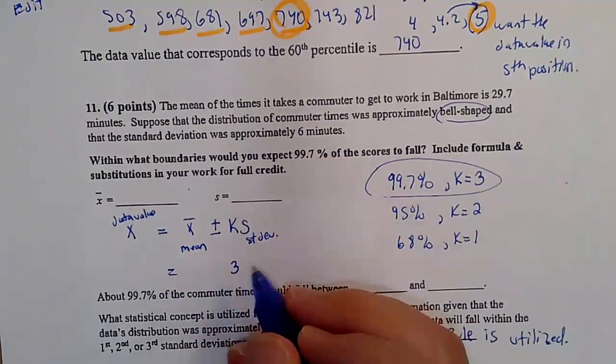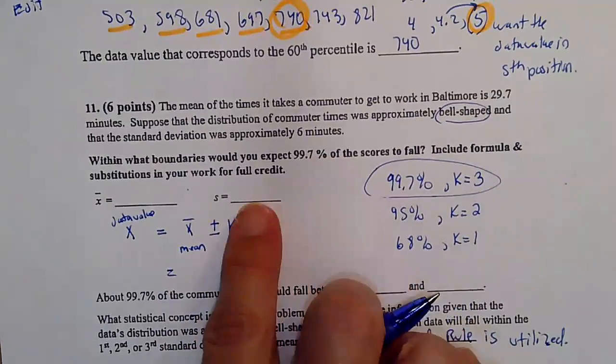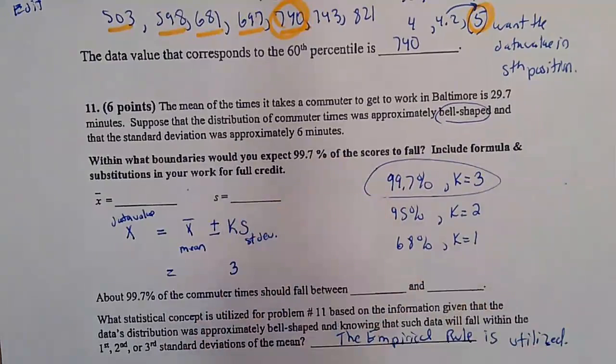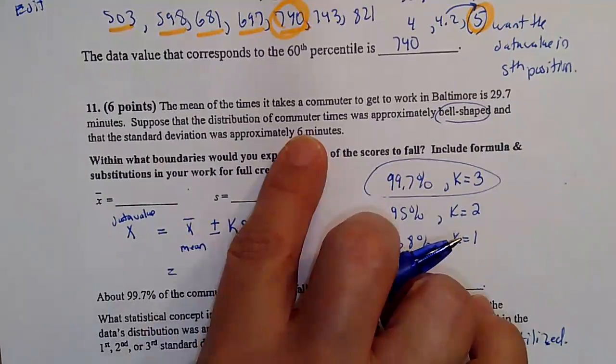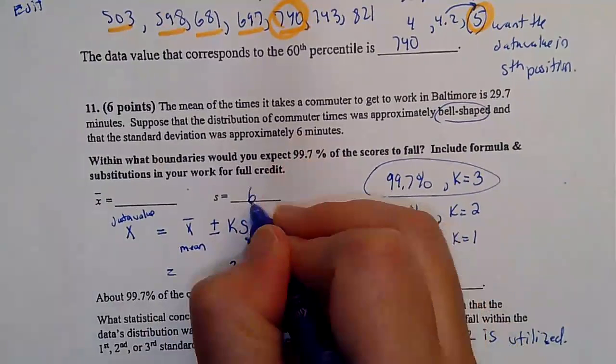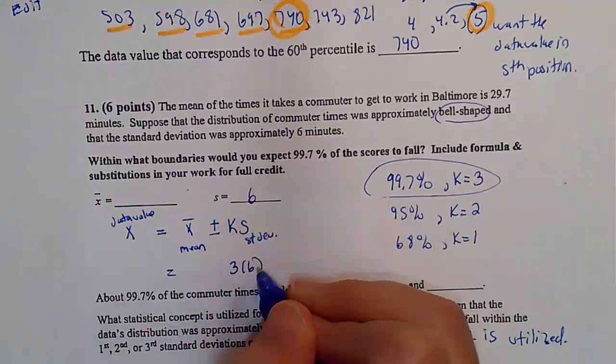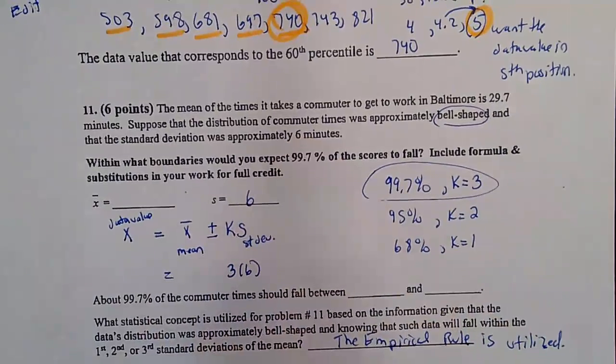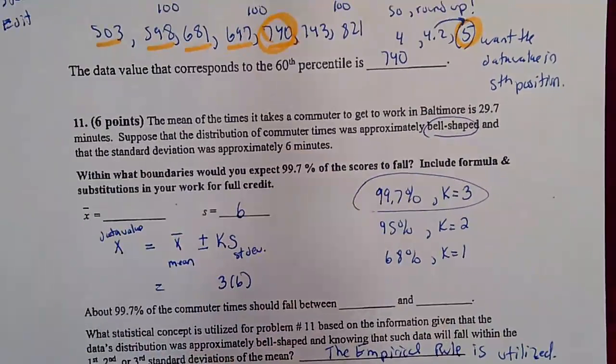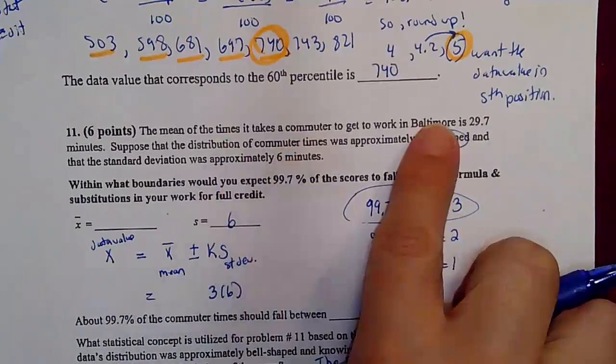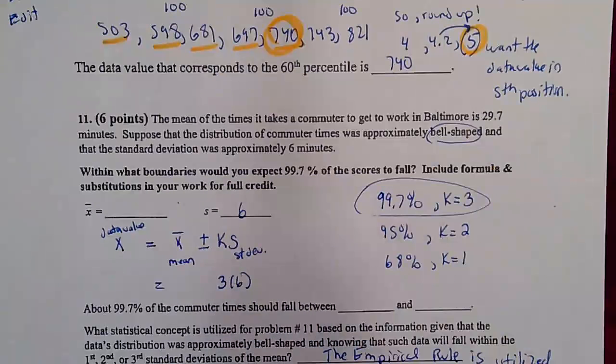So we know already that this is 3. And then the standard deviation it gave us was 6 minutes. And what was the mean? The mean was 29.7.